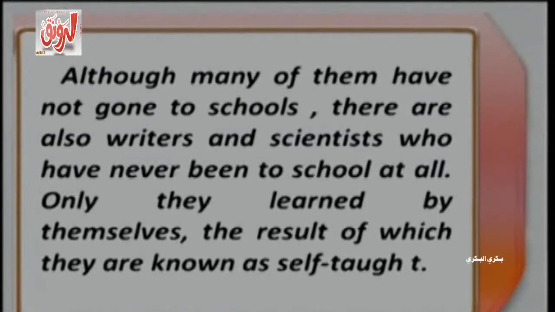Although many of them have not gone to schools, there are also writers and scientists who have never been to school at all. Only they learned by themselves, the result of which they are known as self-taught. This is the text. The question is very clear. Tell us the ways in which we can get knowledge. Only the ways in which we can get knowledge.